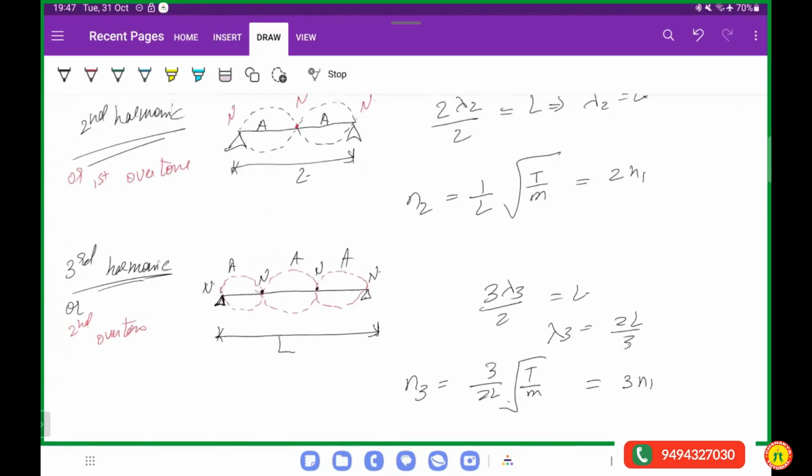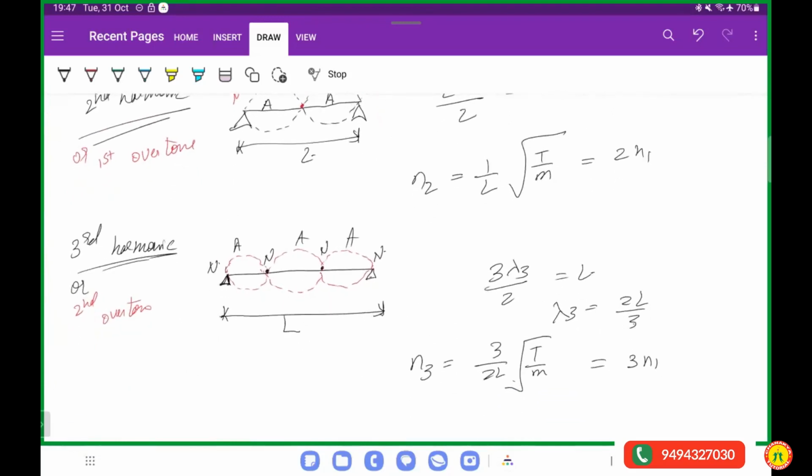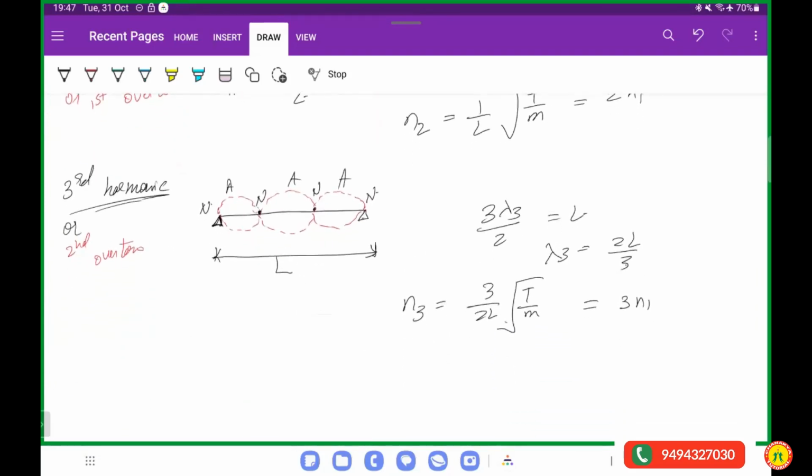Generally, if we make one common formula, let's say the pth harmonic. So p lambda p by 2 equals L, lambda p equals 2L by p.